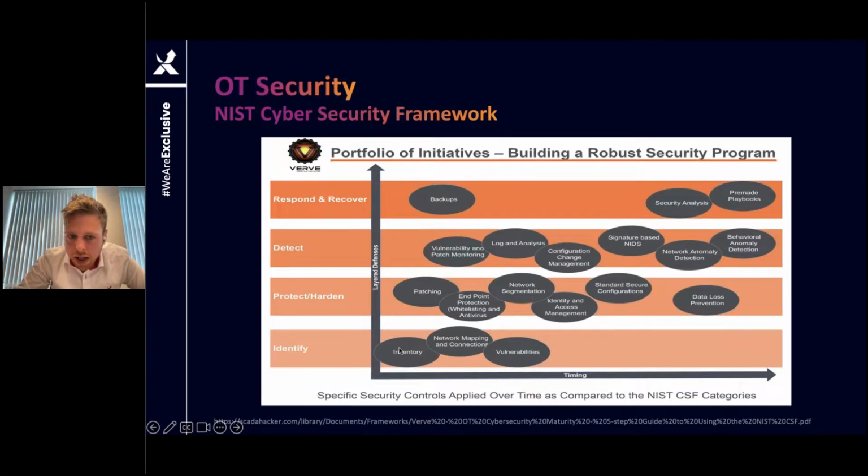So inventory, as we've already said, is key, but often the next thing that you want to have a look at is patching. Patch your systems, have a patching plan in mind, know when you can do these patches, and this is also very important.